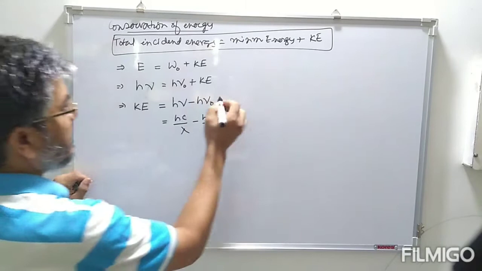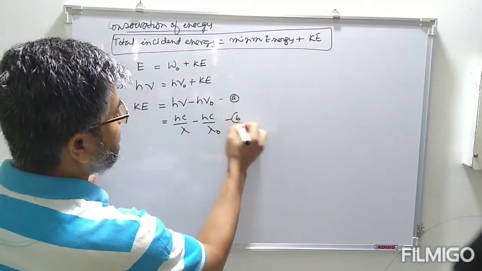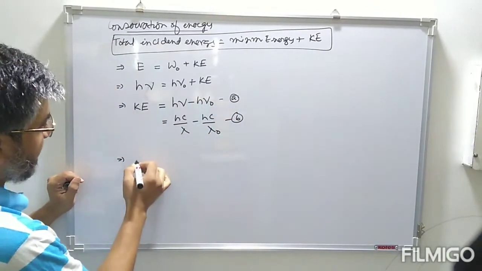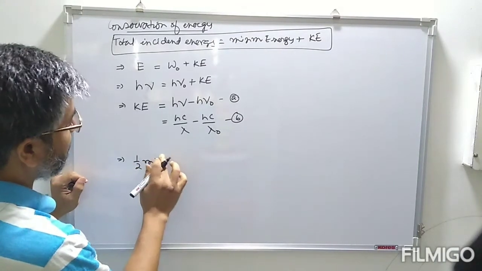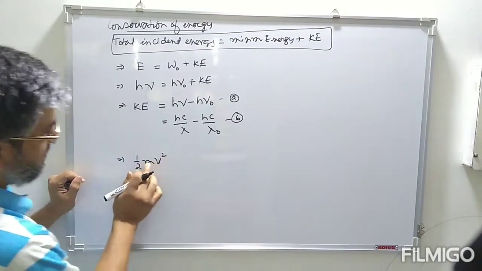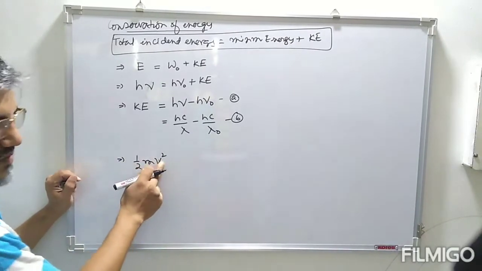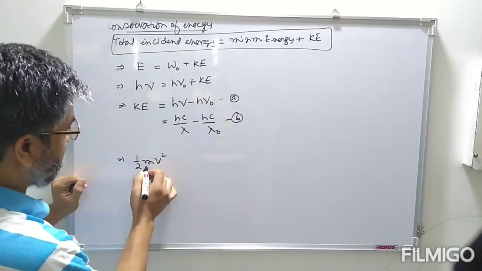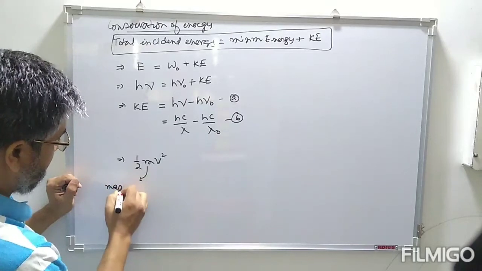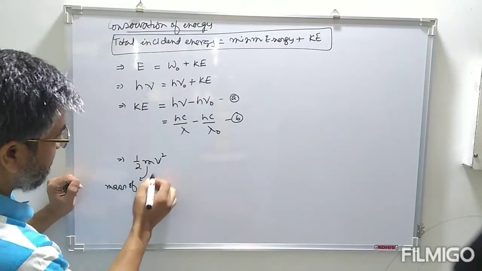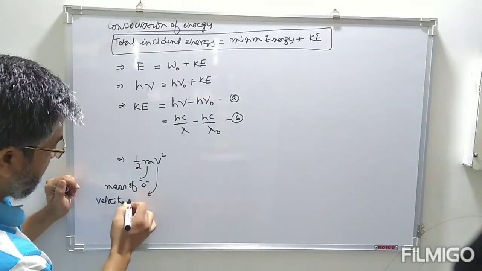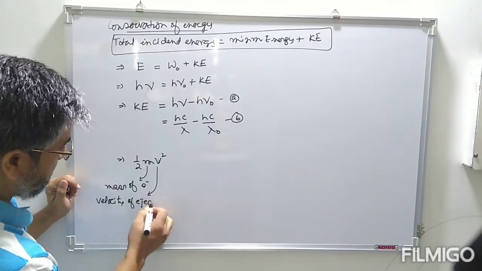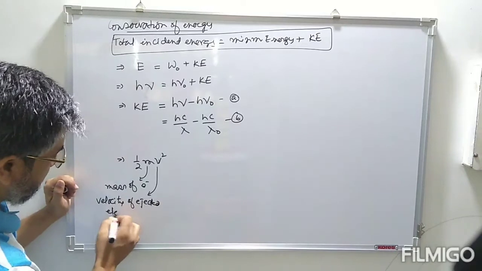So look at this, we have this kinetic energy, that is equation A, this is equation B. We have kinetic energy is half m v square, where m is the mass of electron, v is the velocity of ejected electrons.